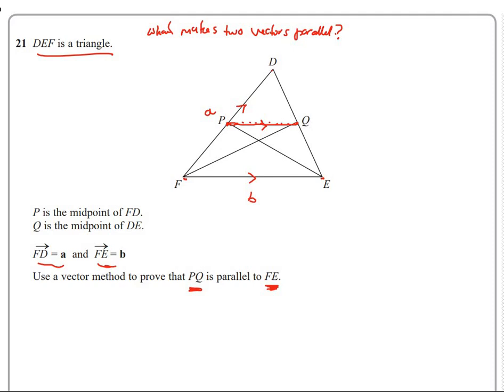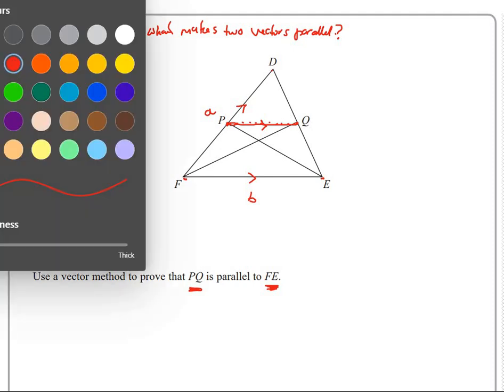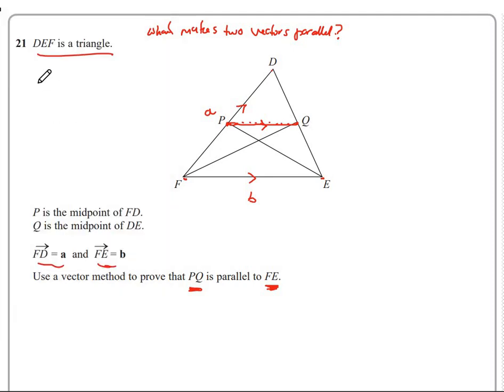Remember, if I draw a few vectors here, let's say one vector equals A. If another vector is parallel to it, it could be, for example, 2A.